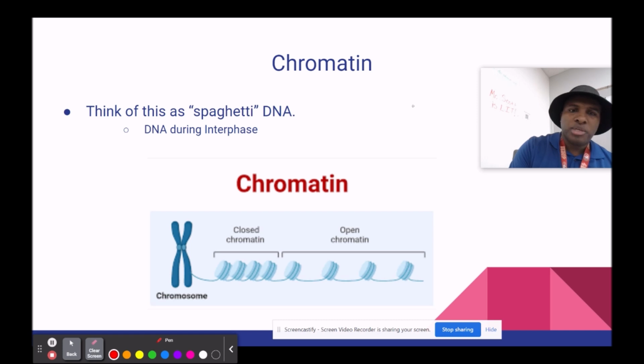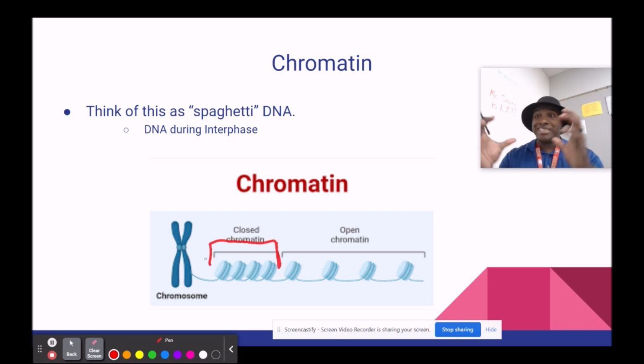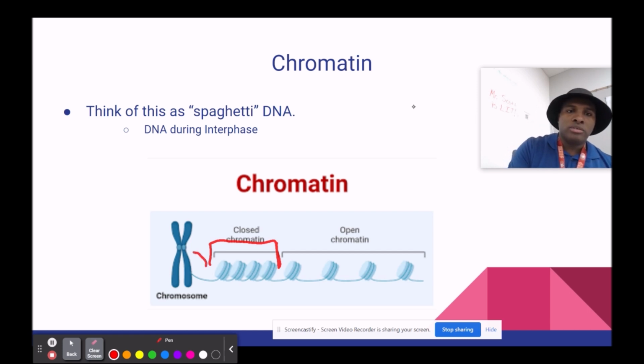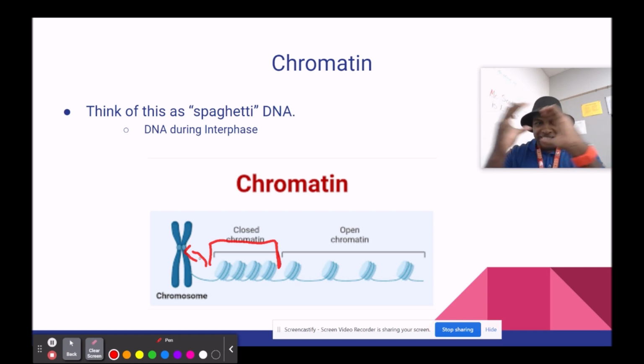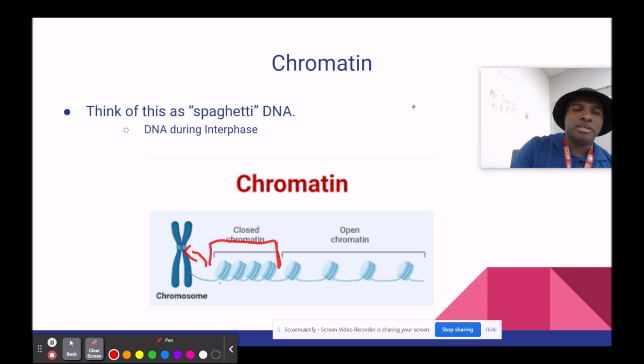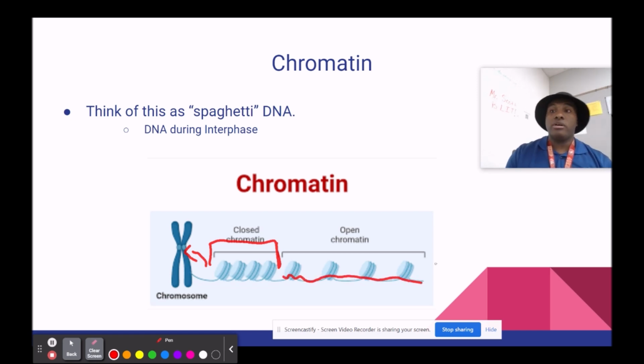As you can see from the picture, when chromatin is closed and packed tight, it's more closely a chromosome. So a lot of chromatin packed in tight together gives you a chromosome. The more loose it gets, they're kind of out on their own, like a bunch of spaghetti noodles hanging out. That's what you have when you have chromatin.